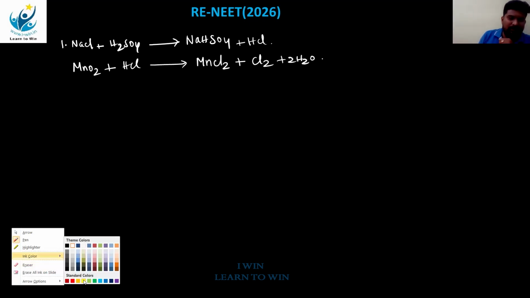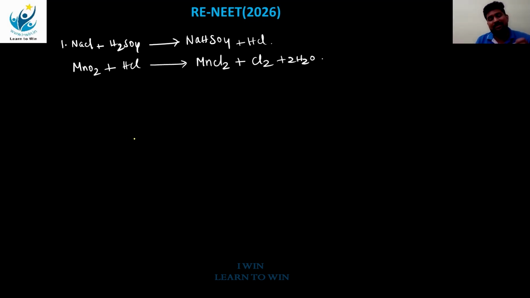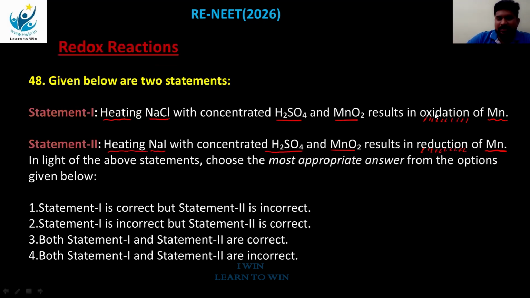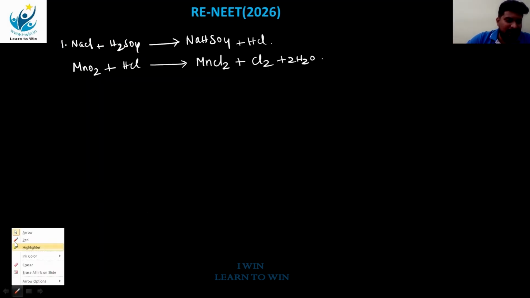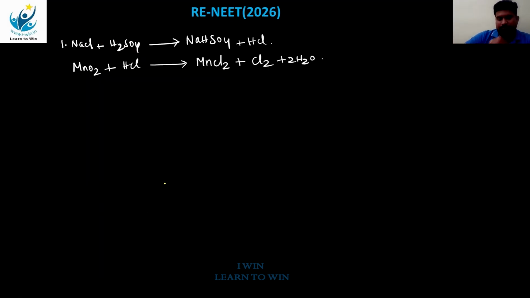Now look at this particular thing. What we have to find out here is whether the given Mn is reduced or oxidized, because the statement is saying it results in the oxidation of Mn. Let us find out whether really it is oxidized or not. We have MnO2, and if you look at the oxidation state, it is Mn +4.